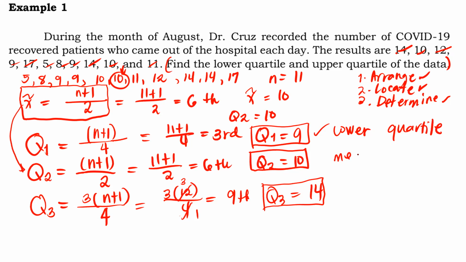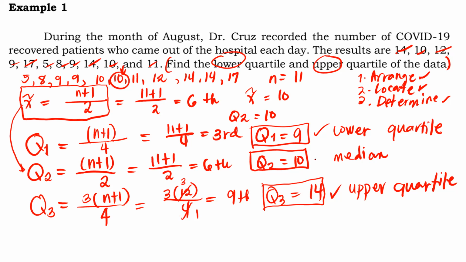The second quartile, which is the median. And we have the upper quartile. Okay, so we have obtained the lower and upper quartile of the data. Do you have any question about this?